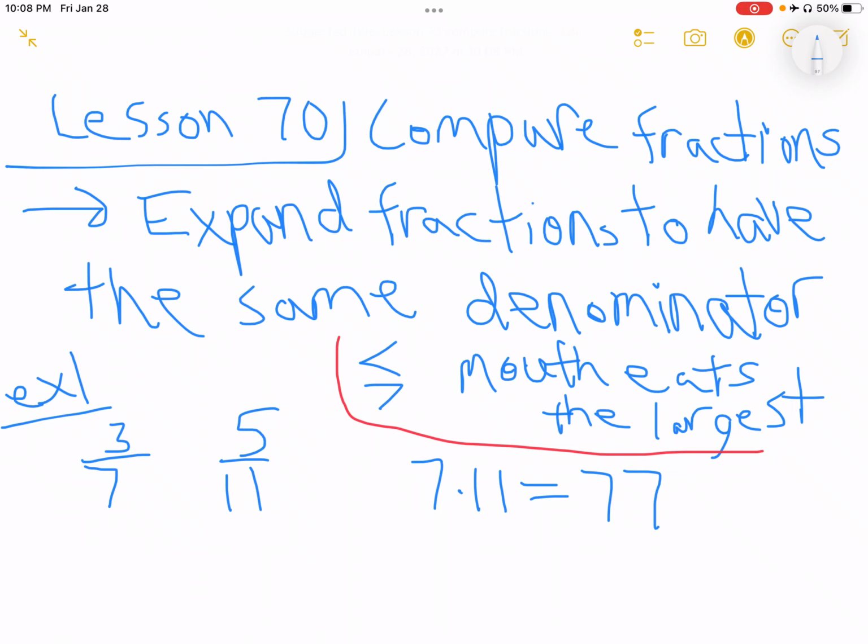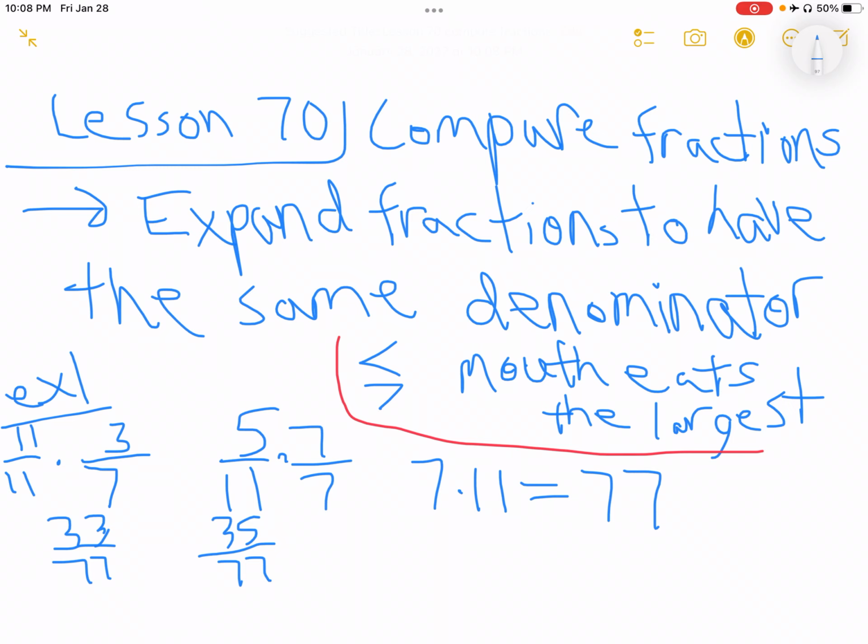So now we need to figure out what we're going to multiply each one of these by, right? So for this one, you're just multiplying by 11 over 11. And this one you're going to multiply by 7 over 7. Okay, so if you do that, you have 33 over 77, and this one over here is 35 over 77.